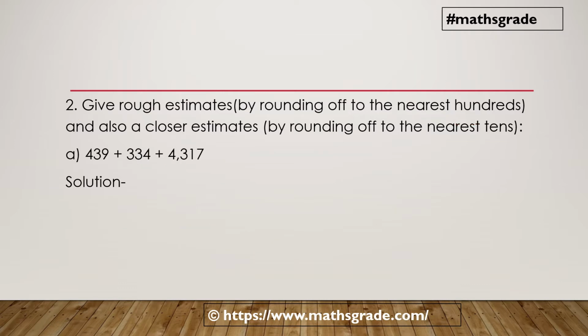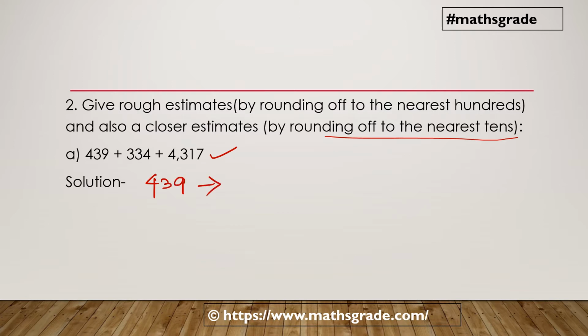Now give a closer estimate by rounding off to the nearest tens: 439 plus 334 plus 4317. We round off to the nearest 10 this number, 439.